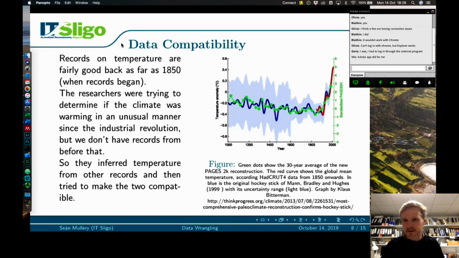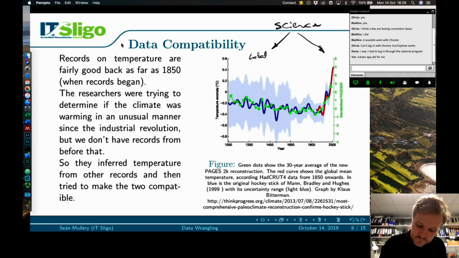With any of these things, when you do scientific work, we vary over a scale from totally wrong to totally right. And most scientists will tell you that they're never totally right. They're just getting slightly less wrong as they go.